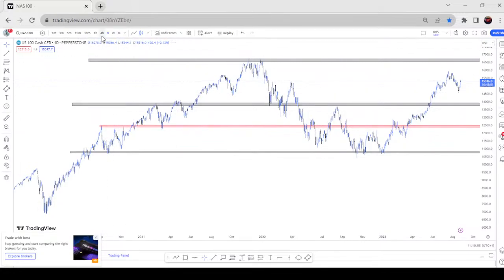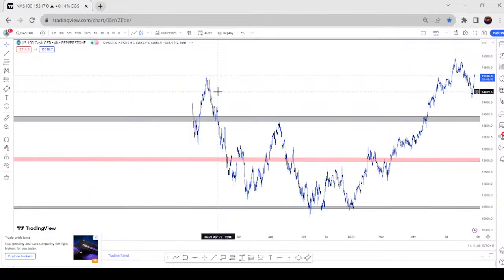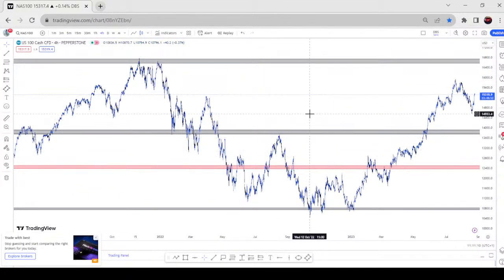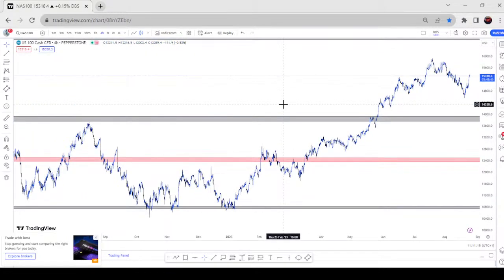So we just dive into 4-hour time frame. Up until your 1-hour time frame, you can draw your minor level.